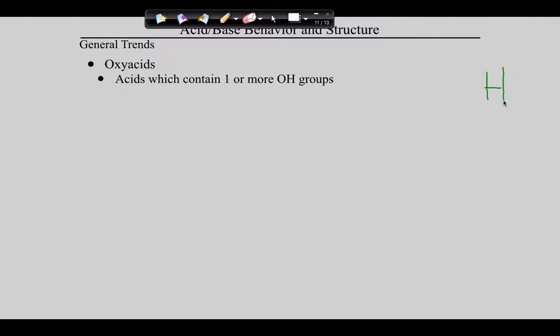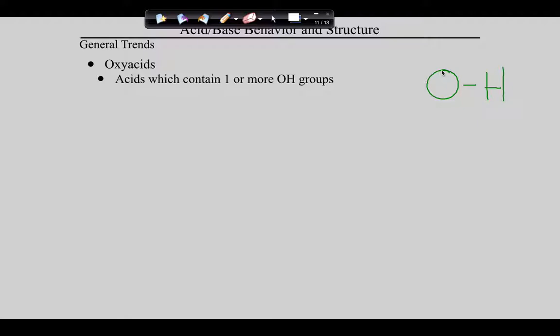In an oxyacid, the hydrogen has got to be bonded to an oxygen. Is that okay? That oxygen becomes a given. The oxygen is always there, and the hydrogen is always bonded to it.